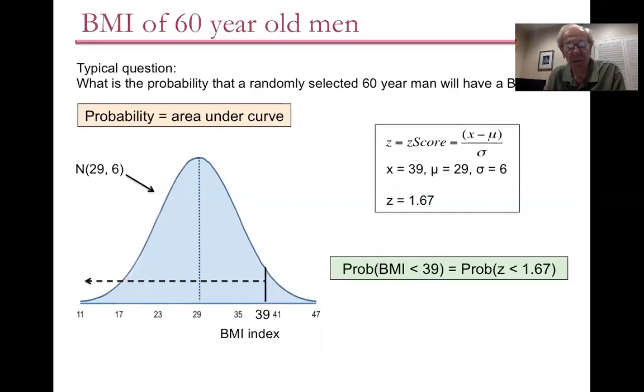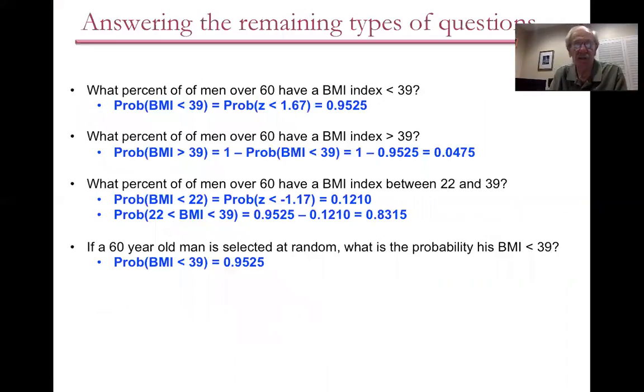Question is, how do I get the amount greater than 39 now? Well, the answer is the total area is 1. Actually, I think I have a slide about this. So the BMI less than 39, Z less than 1.67, is 95%. The BMI greater than 39 is 1 minus the BMI less than 39, because the two of them make up the whole curve.